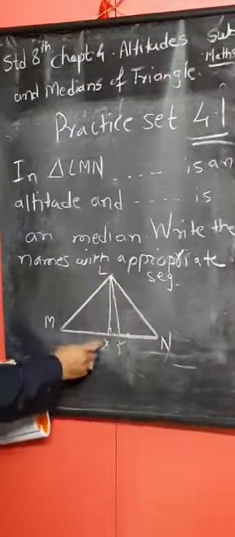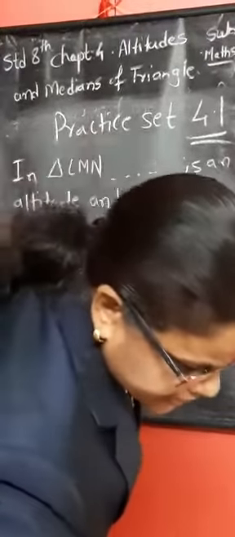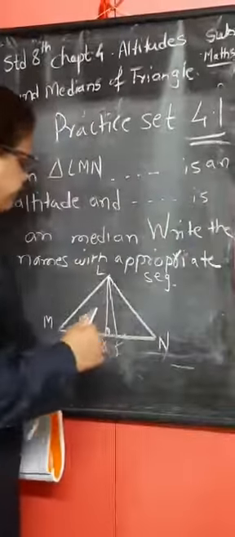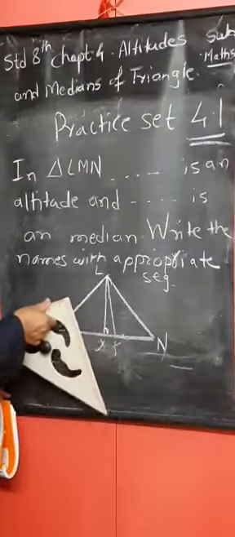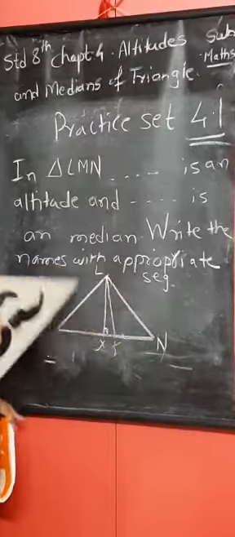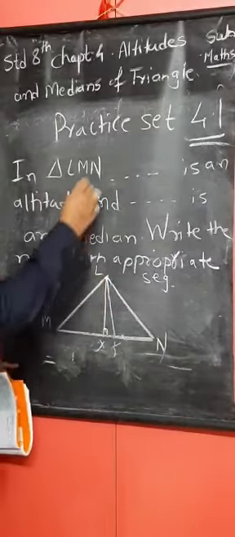Observe this figure: here is a right angle triangle. With the help of this set square, we draw an altitude. The altitude makes a right angle. So LX is the altitude.